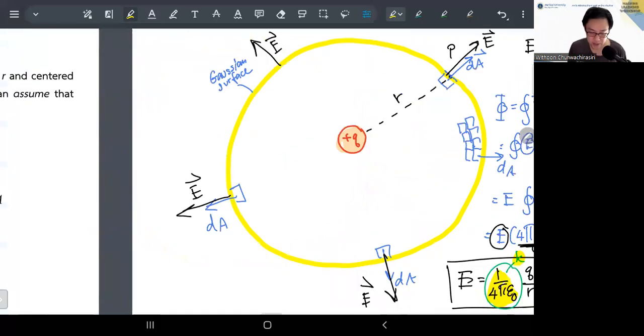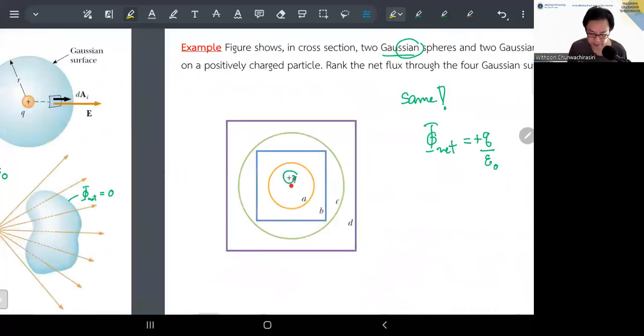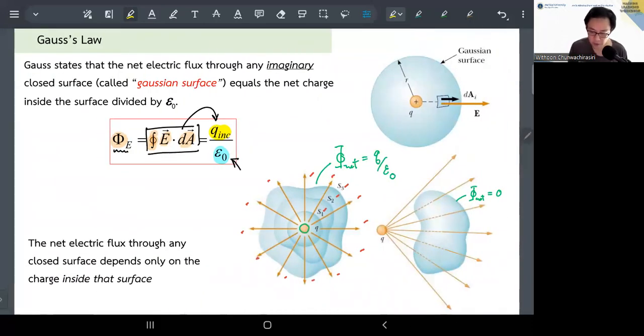So the epsilon naught that shows up in Gauss's law over here is called the permittivity of free space. So there's a name for it. The reason it's free space is because it's blank, it's a vacuum. So that's why there's a naught sign over here.